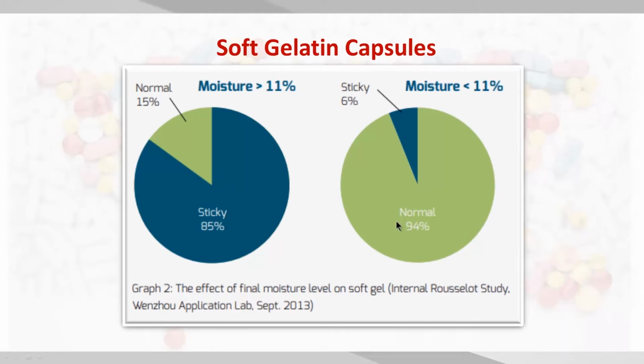While on the right we can see that the moisture content is less than 11% and the sticky soft gelatin capsules are only 6% and the rest are normal. So, it concludes that the moisture content in the case of soft gelatin capsule should be less than 11%.